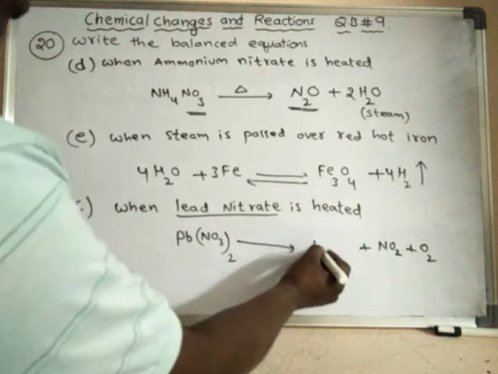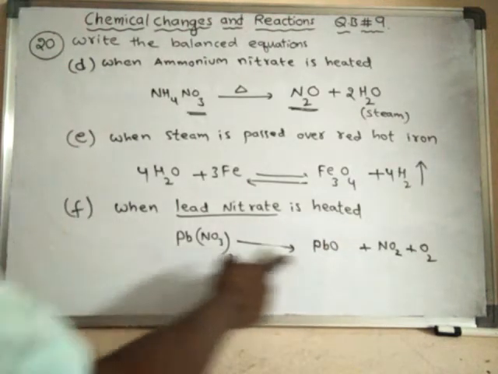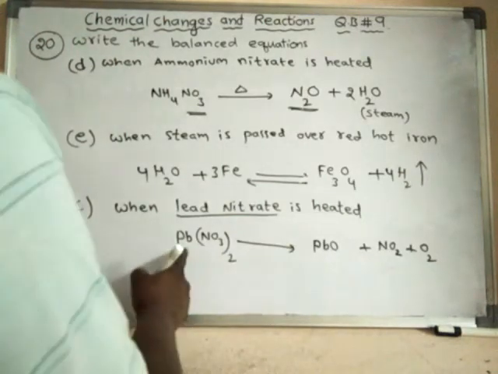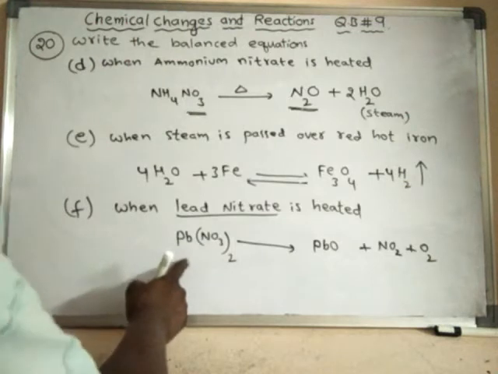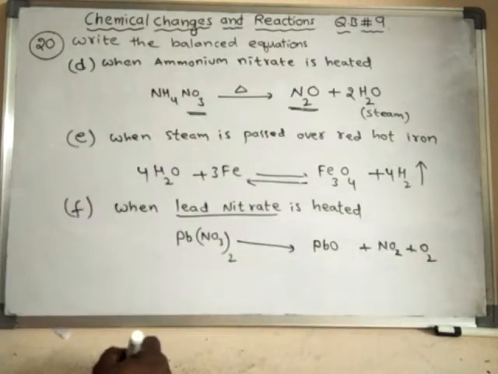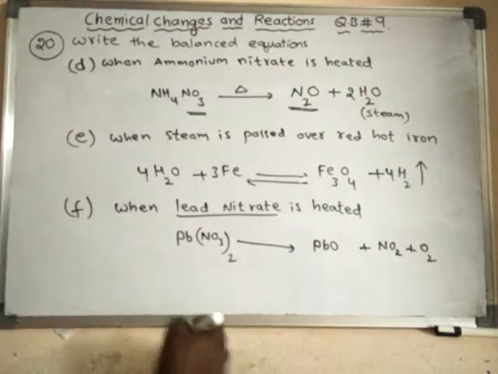And what is left over? Metal oxide is left over. Which metal is here? Lead. So here lead nitrate means lead metal, so the metal oxide is lead oxide. These are the related products.